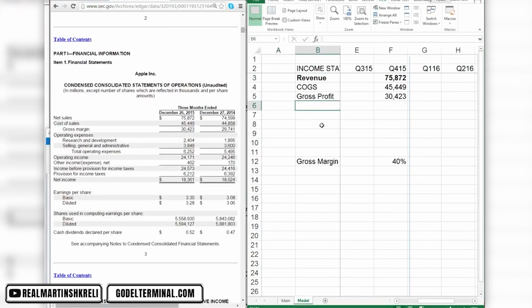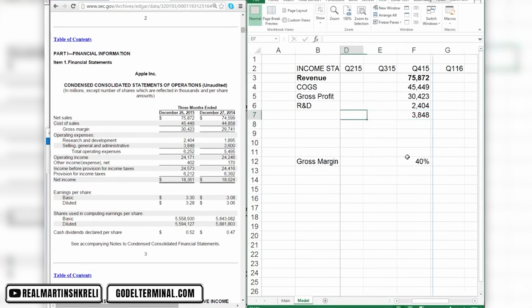But there's more expenses than just the products themselves, so what they cost. There's research and development. Apple has a bunch of smart guys sitting around and thinking about how to make new products. They only spent $2 billion on that stuff. Isn't that interesting? Think about how much profit they have. $30 billion, right? And they spent only $2 billion on research. And how about marketing? Selling, general, administrative.